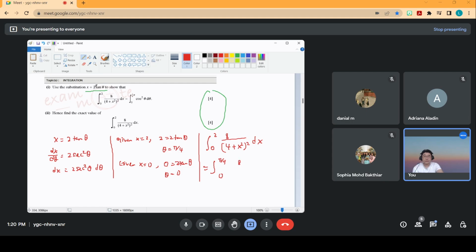The 8 stays. x here is 2 tangent theta, so I put it in: 4 plus 2 tangent theta, squared. dx here is 2 secant square theta d theta. I'd better write them properly, all right, underneath.